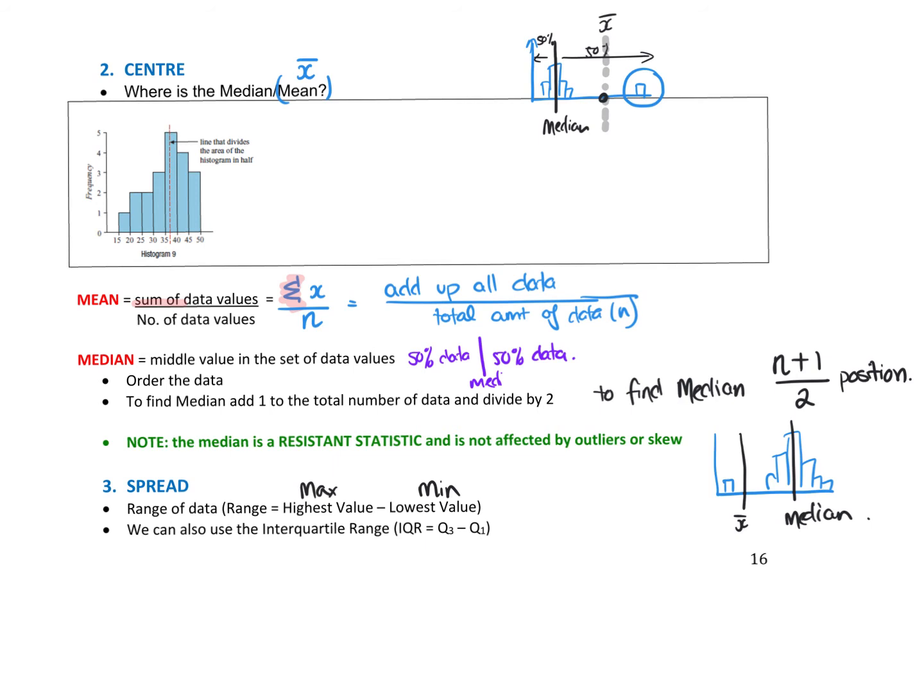We can also use the interquartile range, which we'll learn about in a minute, which is the third quarter minus the first quarter. Maybe make a little note, this one is also a resistance statistic. It's not affected by outliers, but the range would definitely be affected by outliers, because that outlier is going to be your maximum value. So the range is affected by outliers.